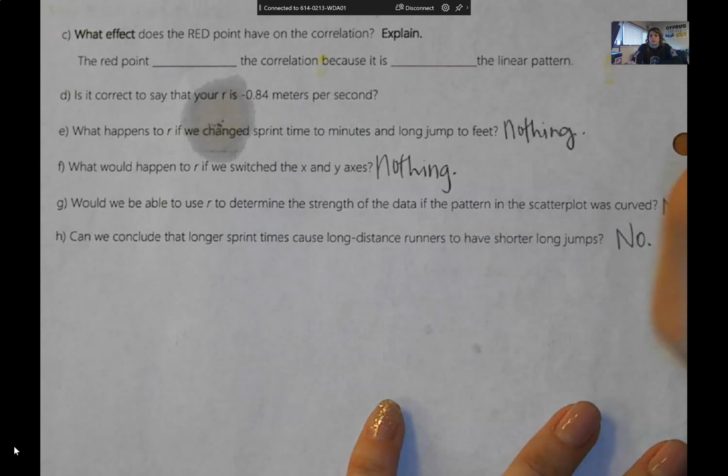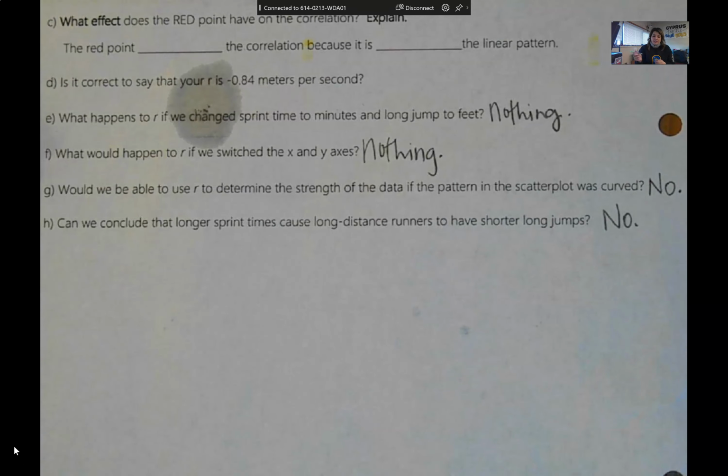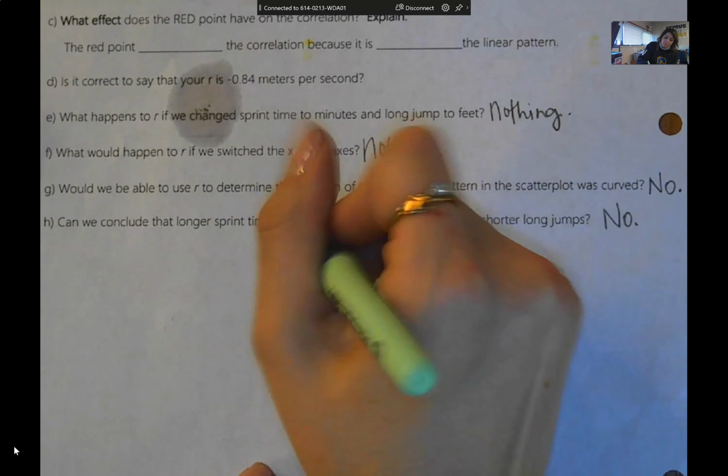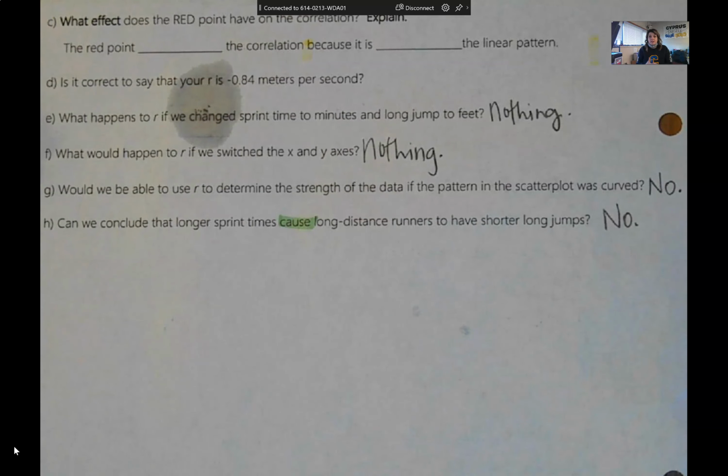No. Causation is a very strong statement in statistics, and you have to have more evidence than just an R value to prove causation. We know that there's a relationship. We don't know, and we cannot use R to say one causes the other.